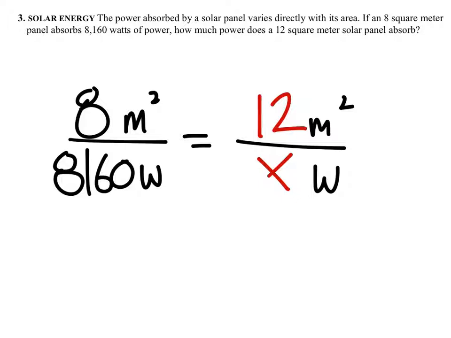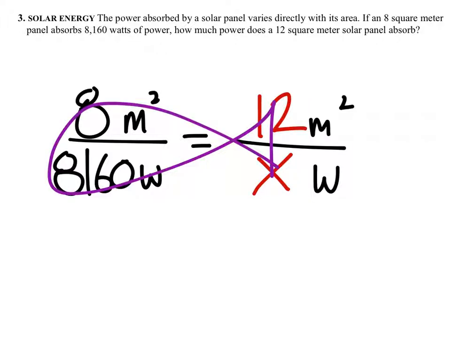You can solve this one any way you like. You could find the unit rate like we did on the last one and then multiply it by 12. That's completely up to you. What I'm going to do is just solve a proportion, because this is all 7th grade stuff and you guys loved it. I like the old fishy method.